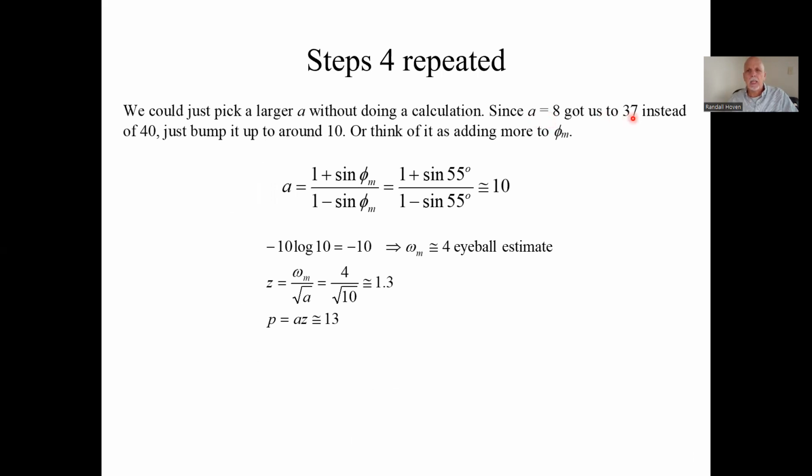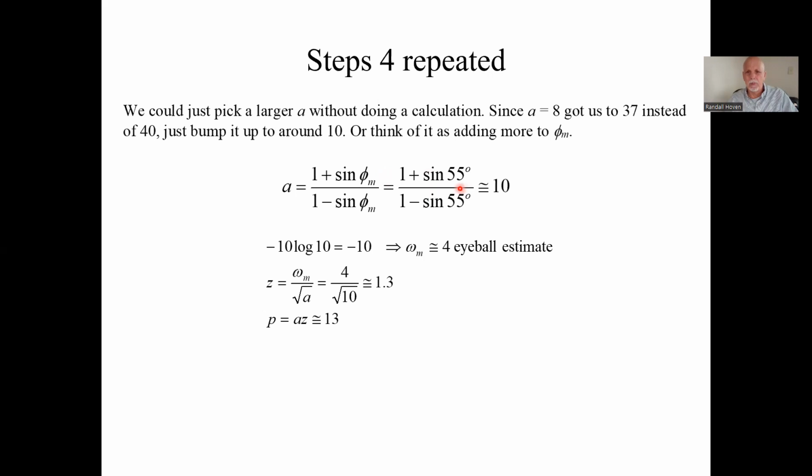The A of 8 got us to 37. I'll bump up the A a little bit. Seems like we're not that far from 40, so I'll bump 8 up to 10. I can also think of that as adding more to the phi sub m.